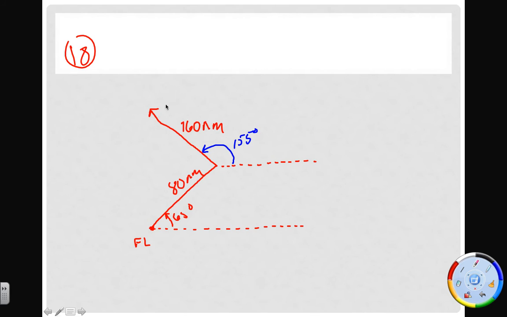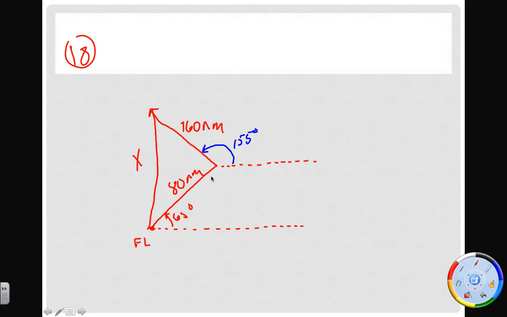Well, then the question is, how far is it from the original Fort Lauderdale? It's kind of a tough question because some of you might not see that this is actually a right triangle. Now what you can think about is, if this was 65, let's do a different color here.